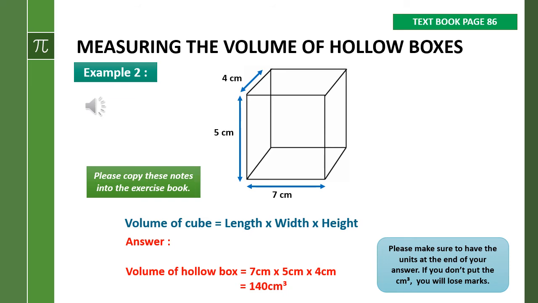So, how do we write the answer? Volume of hollow box equals 7 centimeter times 5 centimeter times 4 centimeter. 7 times 5 is 35 centimeter. 35 centimeter times 4 centimeter equals 140 cubic centimeter.